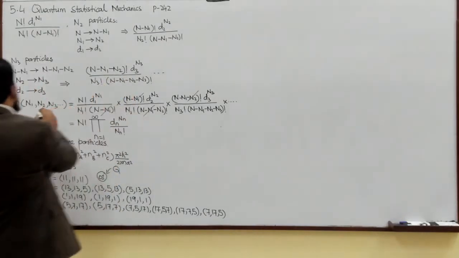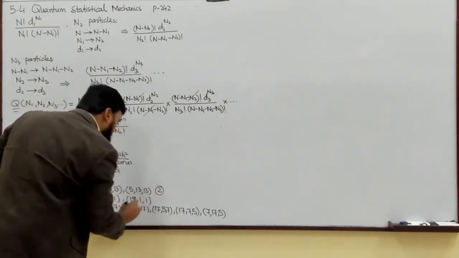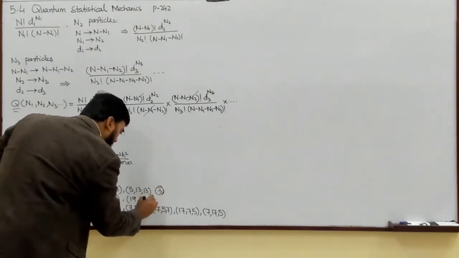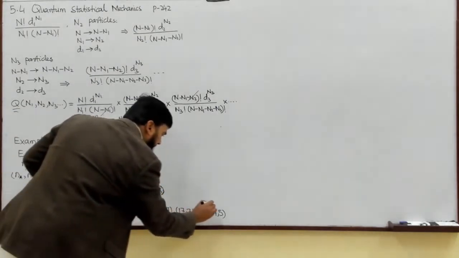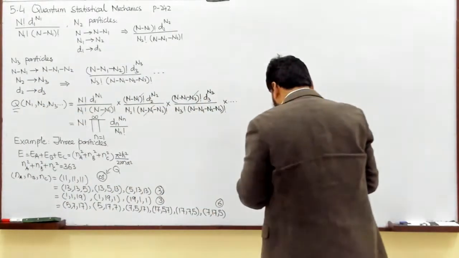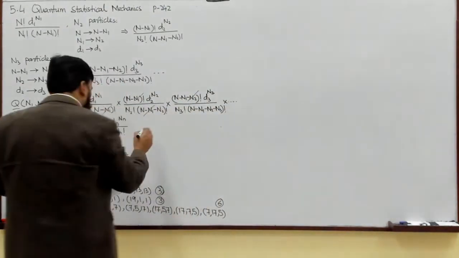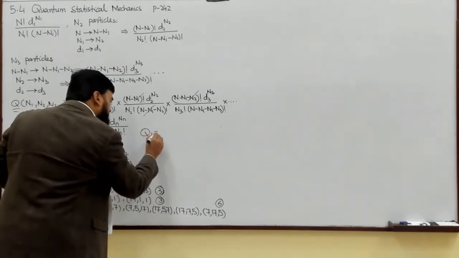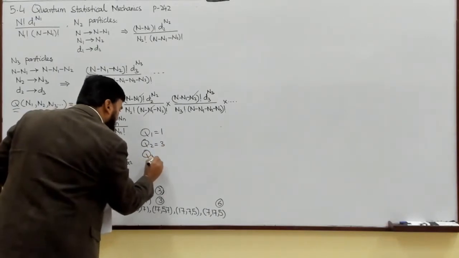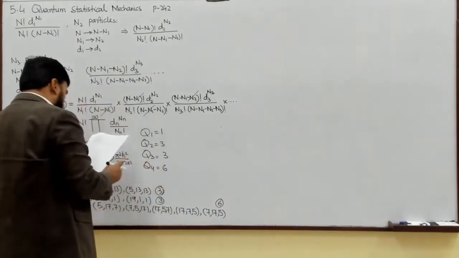For this configuration we have three ways to arrange it, and here we have 6 ways. So we can verify here that our Q1 is 1, our Q2 is 3, our Q3 is 3, and our Q4 is 6.